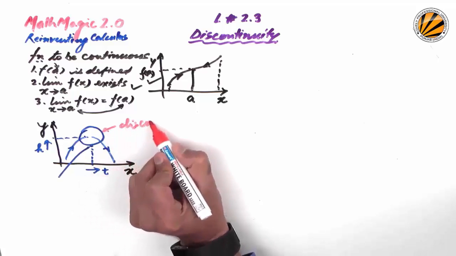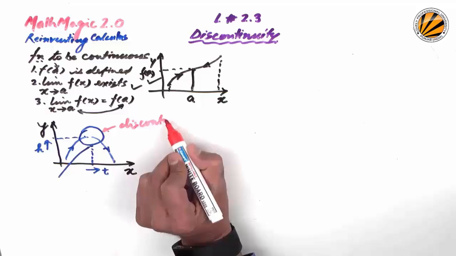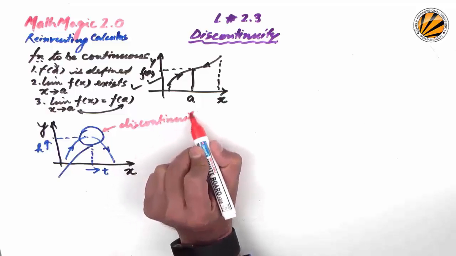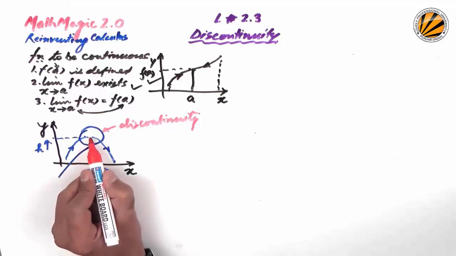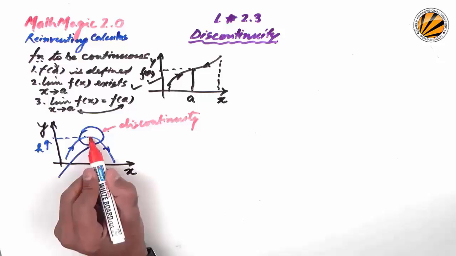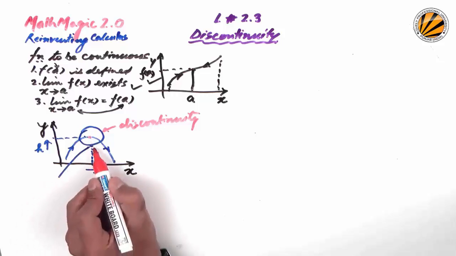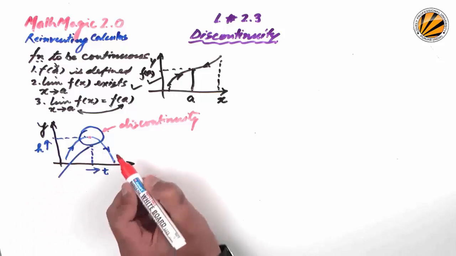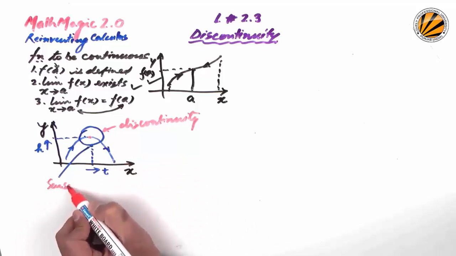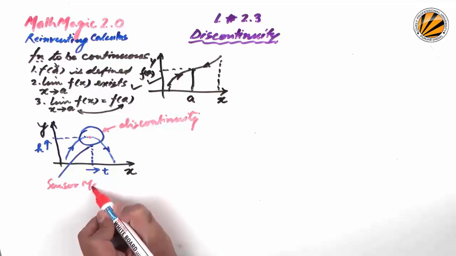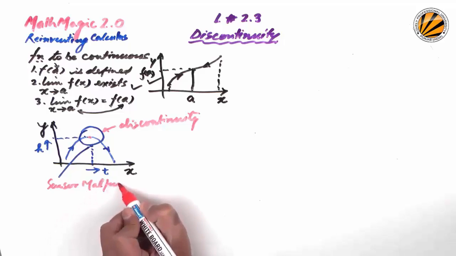Now this is very, very important, because at this particular point of time, if we go by the behavior of the change, it should be here, but it is giving like this. This can be because of a sensor malfunction.